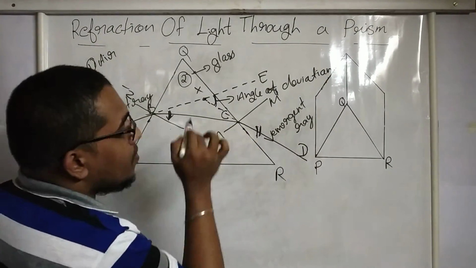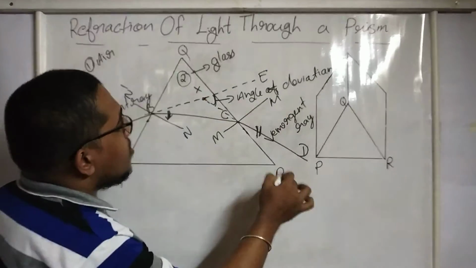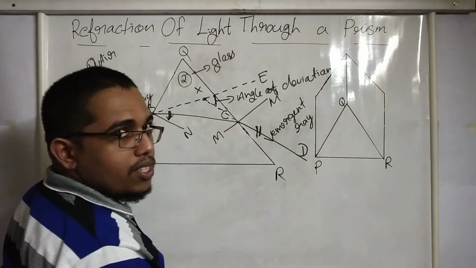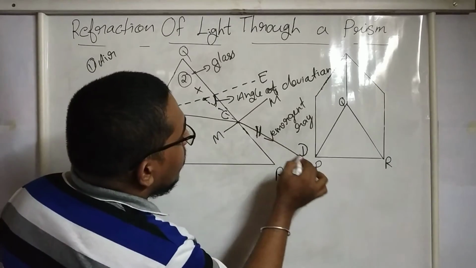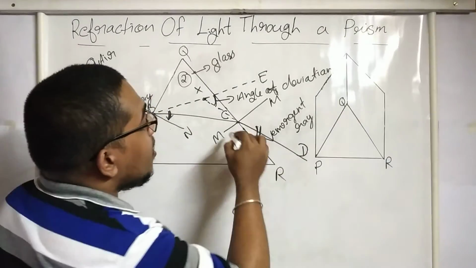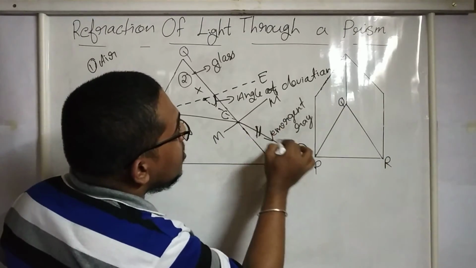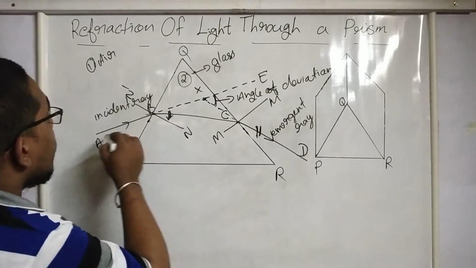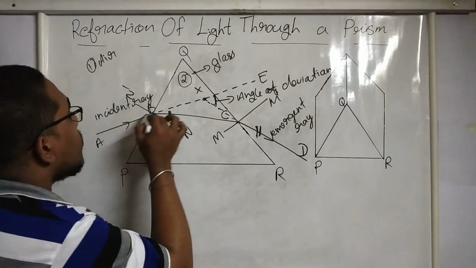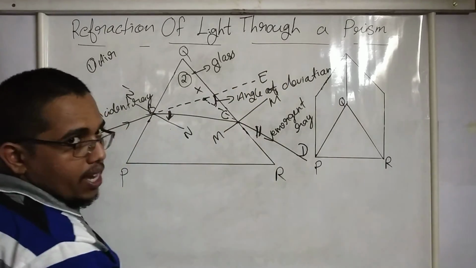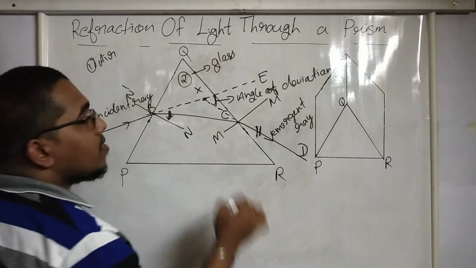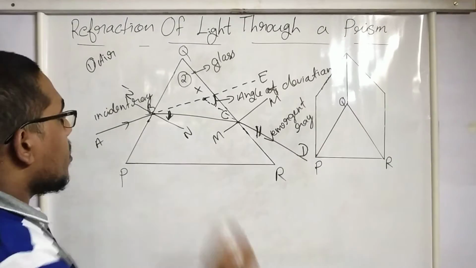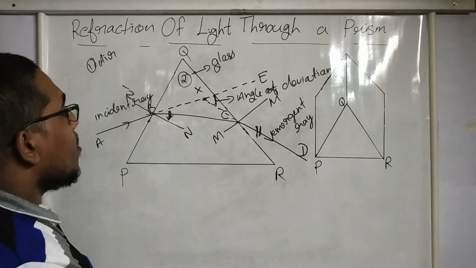Now BC is the refracted ray. On the opposite side, the refracting surface QR, CD is what we call the emergent ray. Here the emergent ray is away from the normal. If you extend the incident ray AB up to E, the new incident ray AE is the actual path of the incident ray.